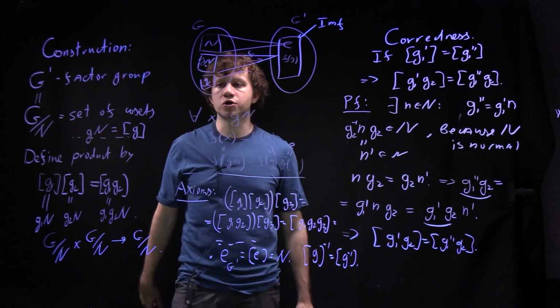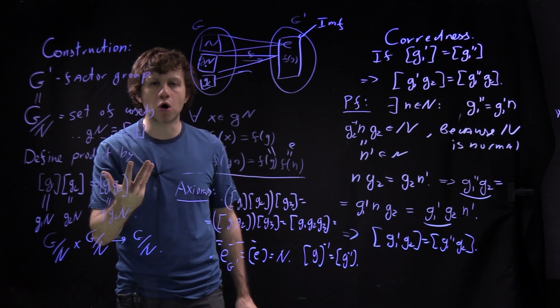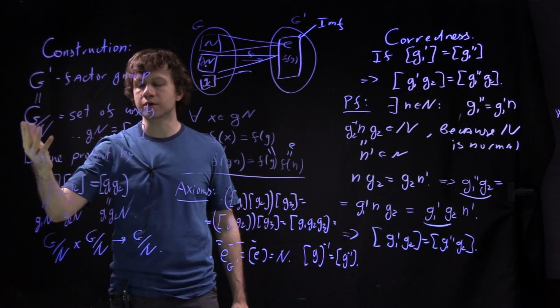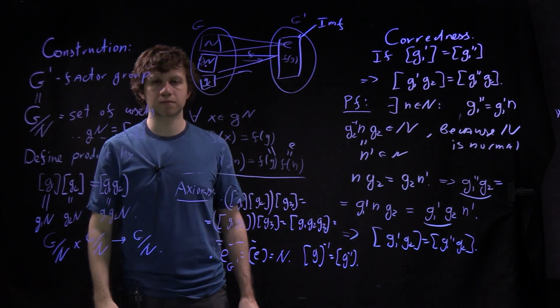And now we want to show that there is a homomorphism from G to G factored over N, and the kernel is N. Let me do it.